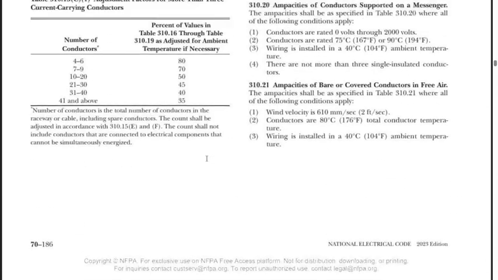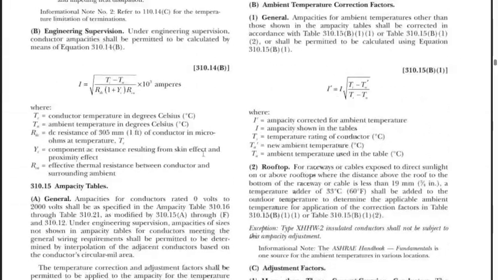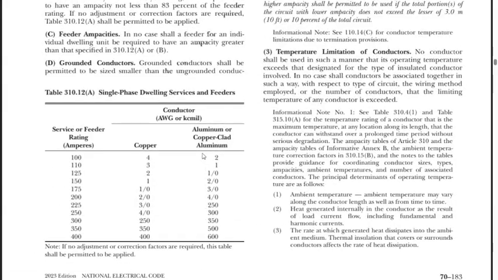But we don't use this table, 310.16, we use this table, 310.12a. Because we're going to be going into Article 310, we'll get back to this so we can answer this question from the assignment.